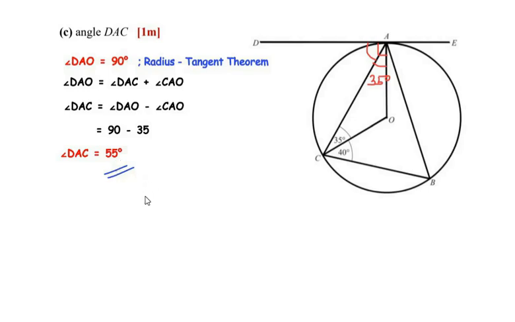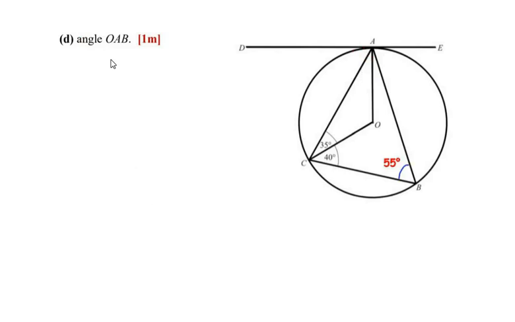Now let us move on to the D question. Find angle OAB, that is this small angle over here. And we have marked the angle ABC as we had found it in the previous part of this question, and we need this angle to solve this question. Now to get the value of angle OAB, let us consider the triangle ABC.